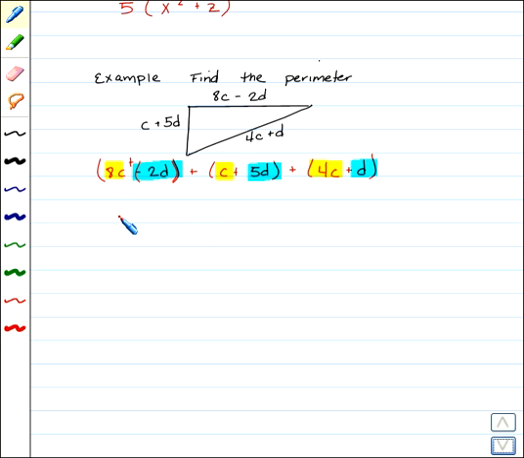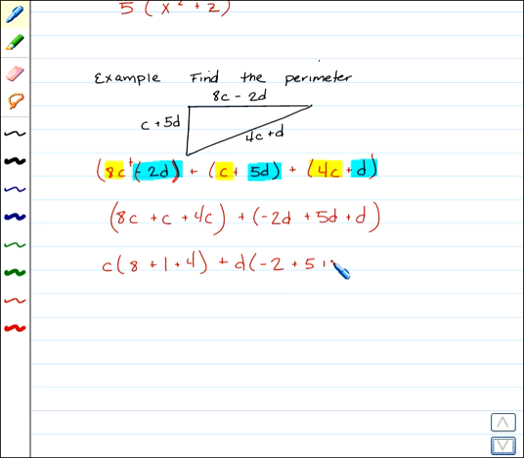So let's get our c's together. So we'll have 8c plus c plus 4c. So we add all 3 plus negative 2d plus 5d plus d. Now we simply use our distributive property, so we can take out our c: 8 plus 1 plus 4, plus we take out our d here, so we have negative 2 plus 5 plus 1.